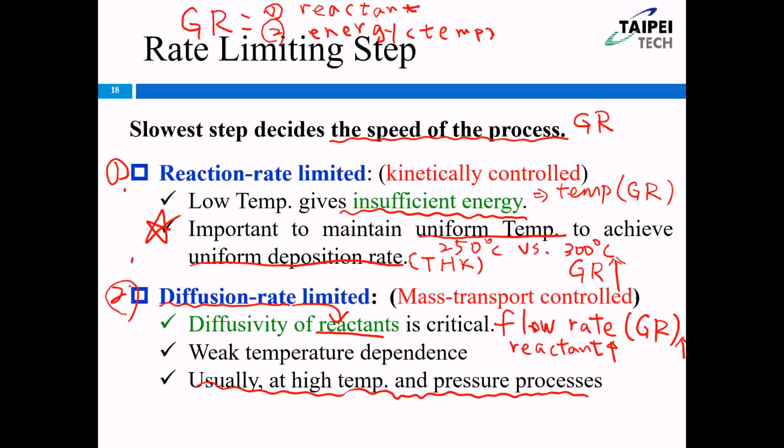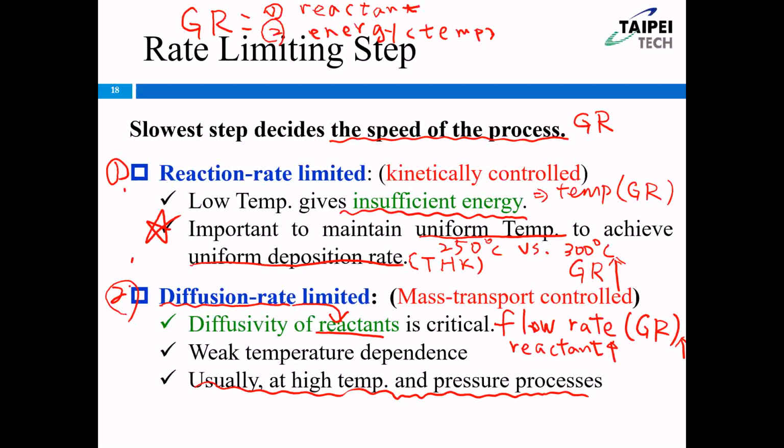However, if I can increase the flow rate of the reactant, then the growth rate can be enhanced a lot. Because right now I already have enough energy, but we don't have enough reactant.